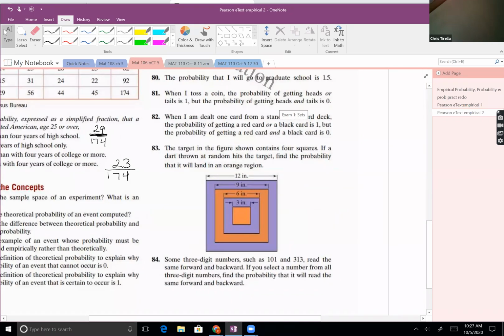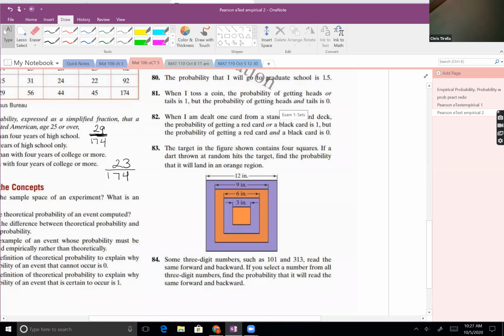Did you want to try it on your own, or did you want to go over one? Should we look at it? Sure. The target in the figure shown contains 4 squares. If a dart thrown at random hits the target, find the probability that it will land in an orange region.